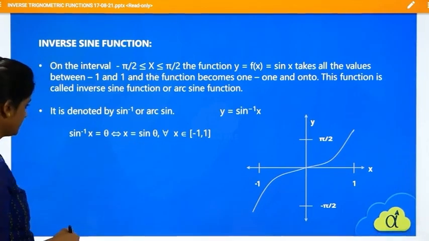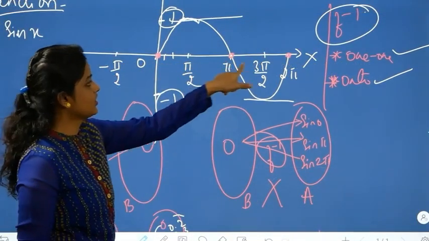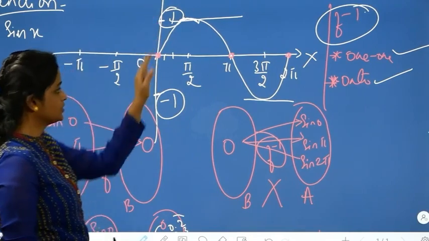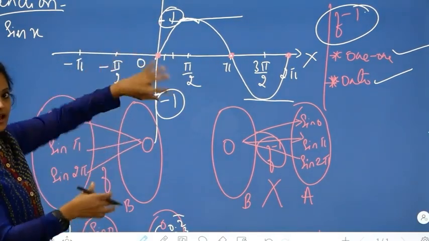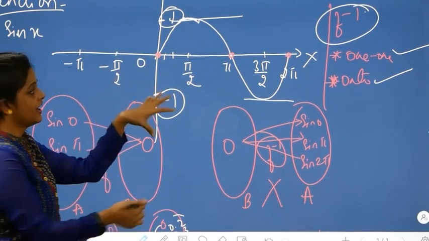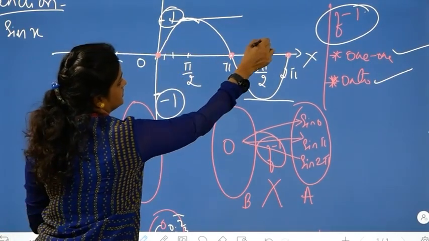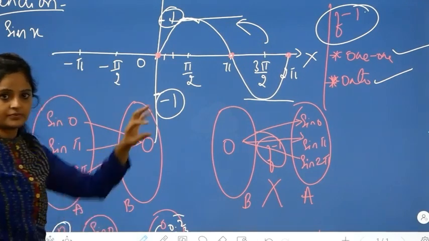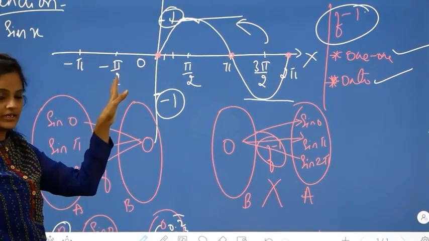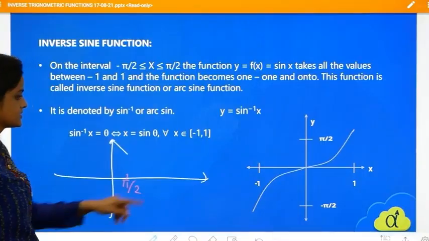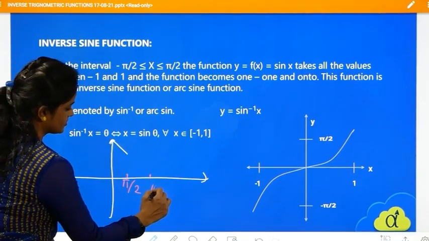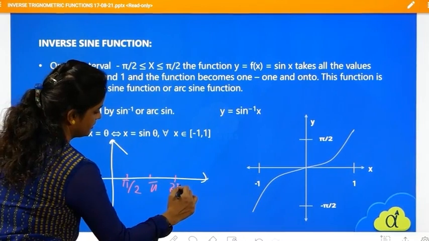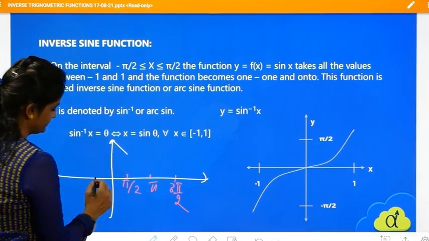See here, angles are on the x-axis, values are on the y-axis. If I invert this, I rotate this in the anticlockwise direction by 90 degrees, then I will get the sine inverse graph.